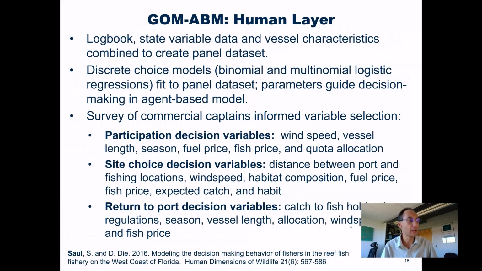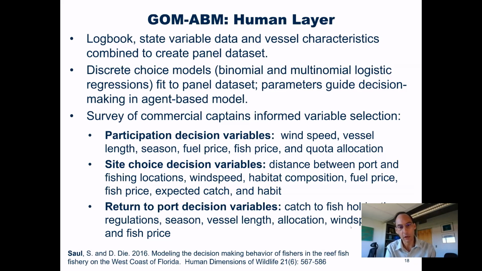So then the human layer is informed by a handful of discrete choice models, which are estimated from the logbook data by converting it to a panel data set and combining that logbook data with other state condition observations, so things like wind speed and vessel characteristics, prices of fish and fuel, policies and such.